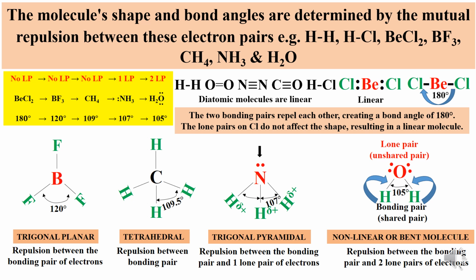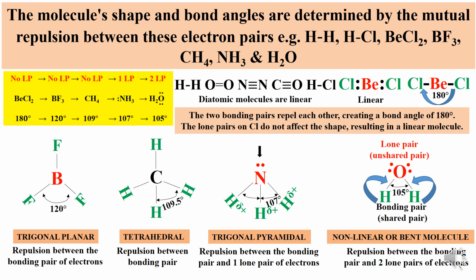And you can see the significance of these lone pairs of electrons. In case of the methane molecule, the bond angle is 109 degrees, and you don't find any lone pairs. And in case of ammonia, you find one lone pair, and as a result, you can see the bond angle has reduced from 109 to 107. And in case of the water molecule, you find two lone pairs of electrons on the oxygen atom, and this further reduces the bond angle from 107 to 105 degrees.